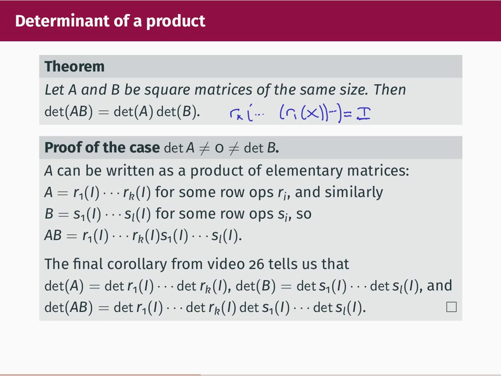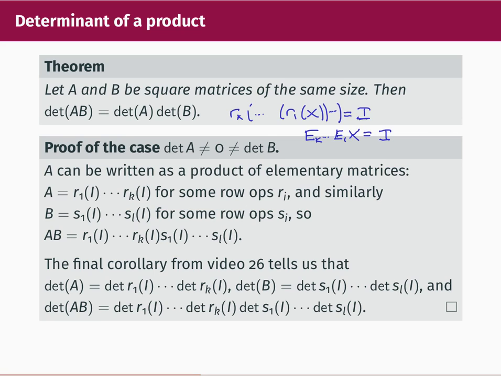But doing a row operation is the same as left multiplication by the corresponding elementary matrix. So if we let Ei be the elementary matrix corresponding to the ith row operation Ri, then what we've got here is EK down to E1 times X is equal to the identity matrix.